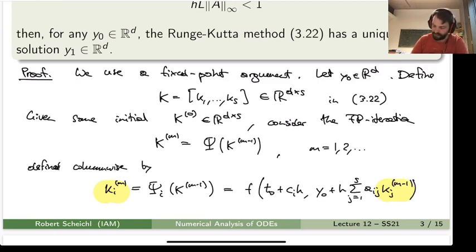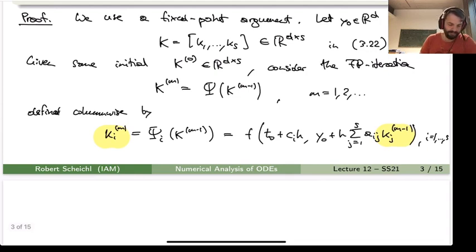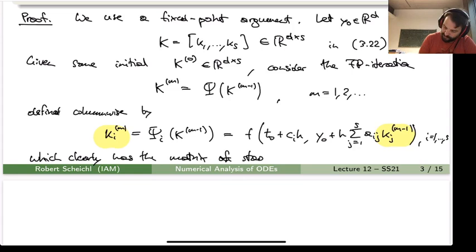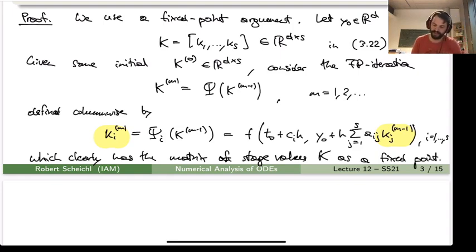This would obviously be for every stage, which clearly has the matrix of stage values K as a fixed point. That's how the matrix K is defined in 322.